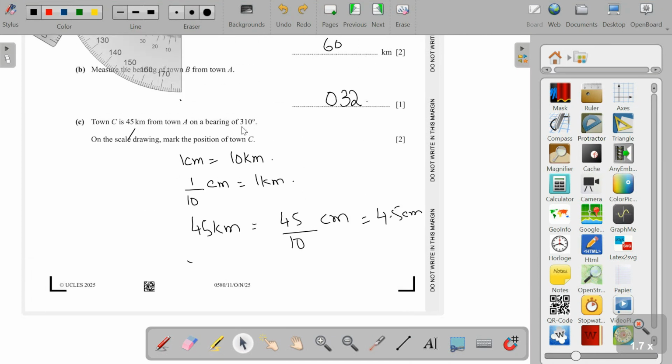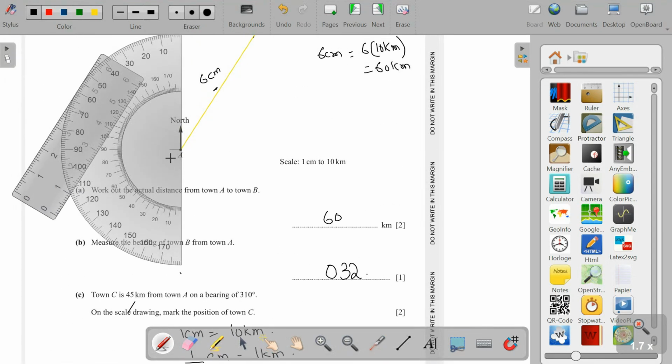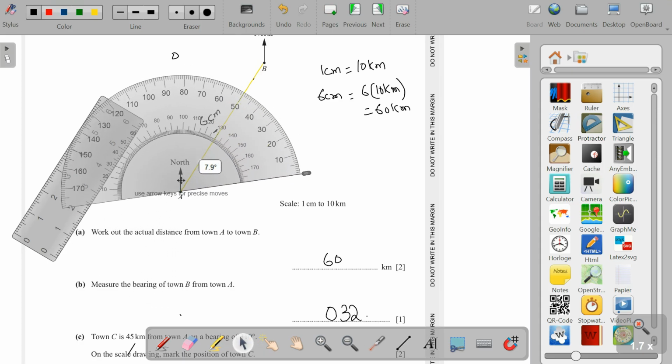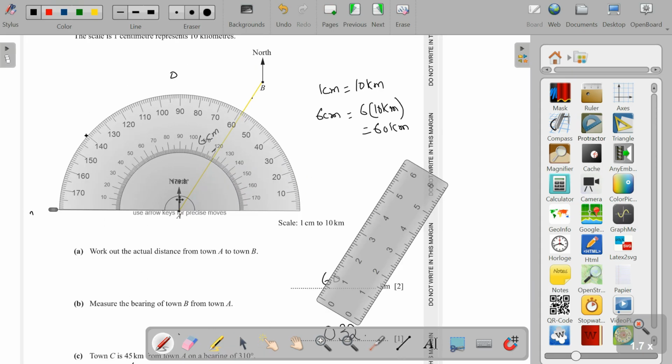So we rotate further. We need to calculate the bearing of 310. 310 minus 180, we will have 130. So when we rotate further in the clockwise direction, this one is 270 with respect to north.